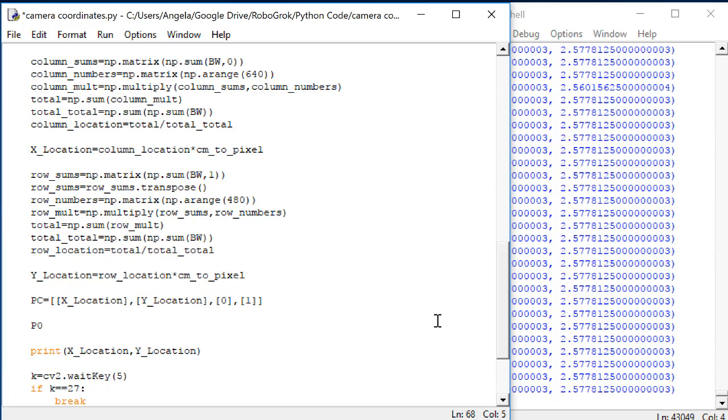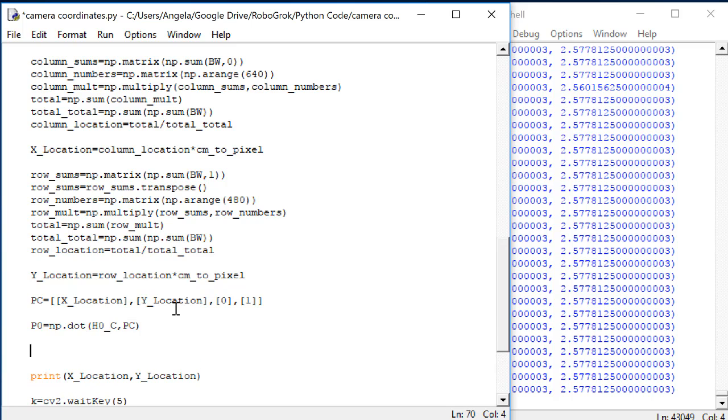Okay, now the point in the 0 frame is equal to the dot product of H0C and PC. So the X location in the 0 frame is going to be P0, the very first element, which in Python is the 0th element.